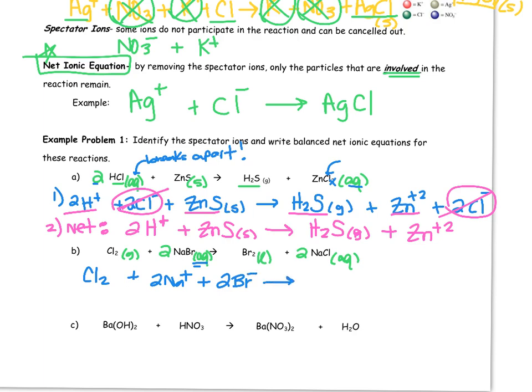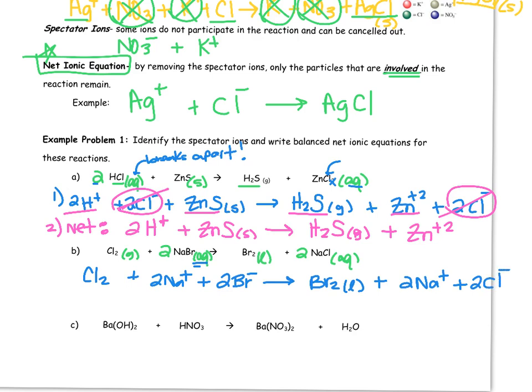I would like to remind you, if you do not put charges on the ions, it's not correct. I will not give you points if you do not put charges on your ions. That's going to make Br2 liquid. And the sodium chloride, again, is ions, so 2 sodium plus ions and 2 Cl minus ions.